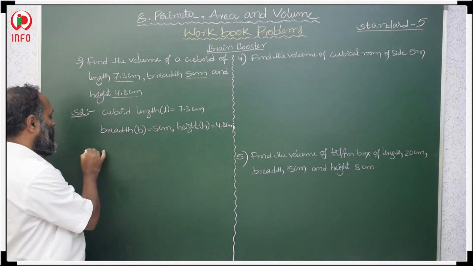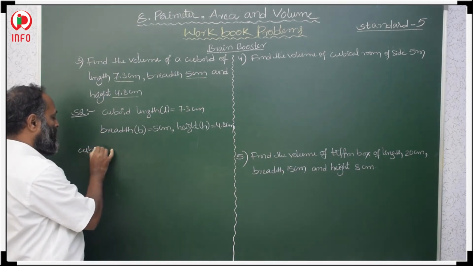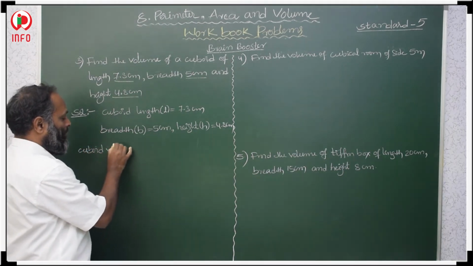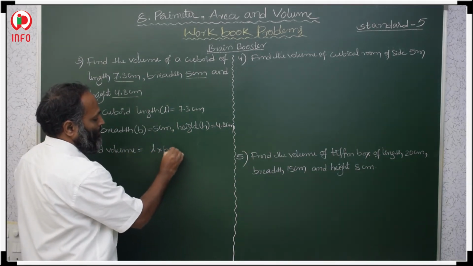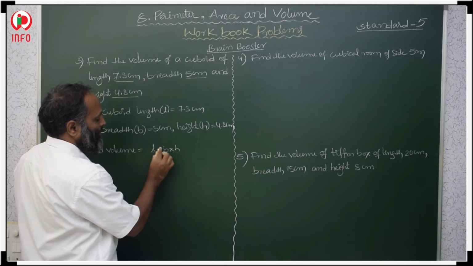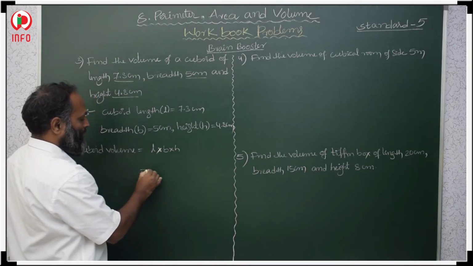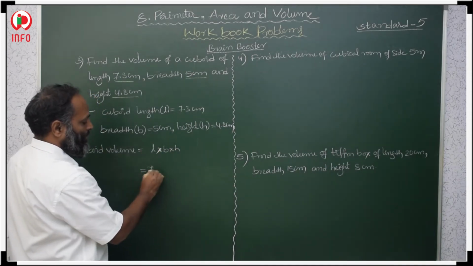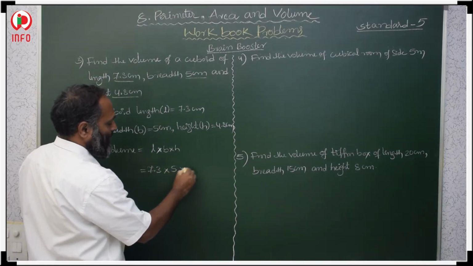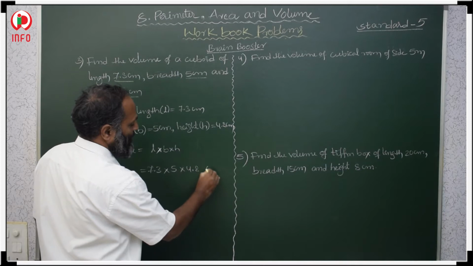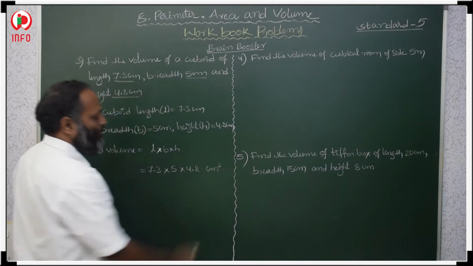Now cuboid volume is equal to length into breadth into height. What is the length? 7.3 into breadth 5, height 4.8. All are in centimeter, that is centimeter cube.